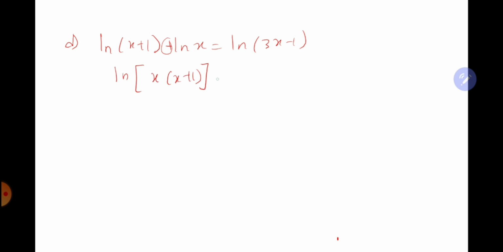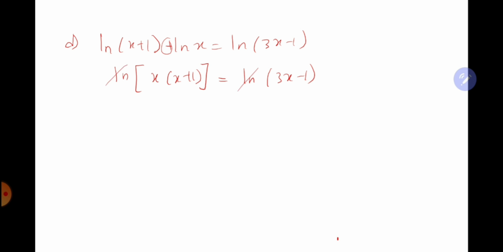Okay, we have ln of x plus 1 plus ln x equals to ln 3x minus 1. Okay, so here ada plus kan kat sini, so we can put them together as ln of x times x plus 1. Okay, this is equals to ln of 3x minus 1. Okay, so sebab you ada ln ni kan, dia bukan macam boleh potong.